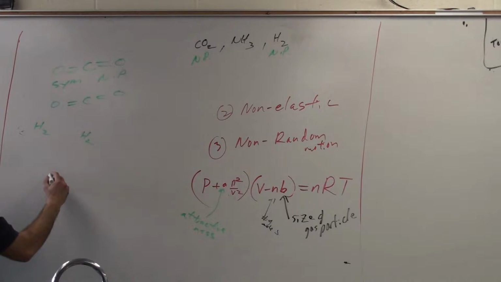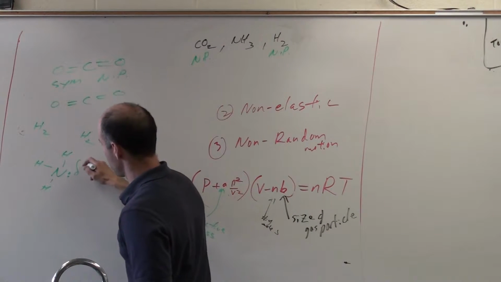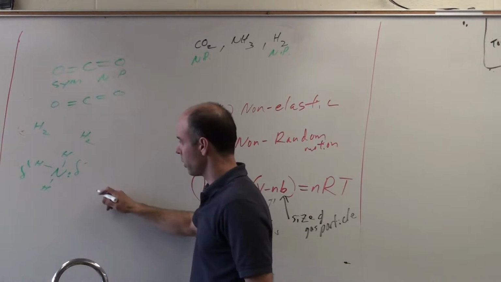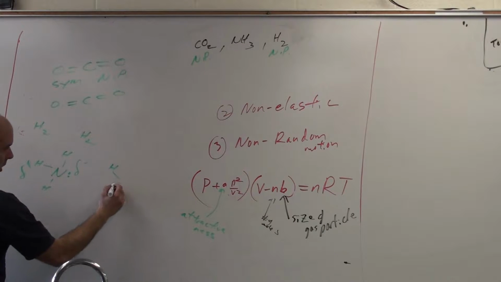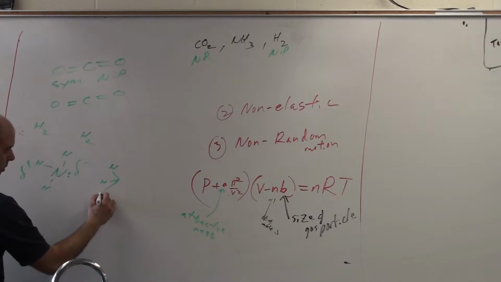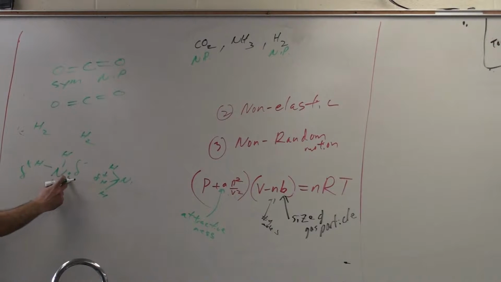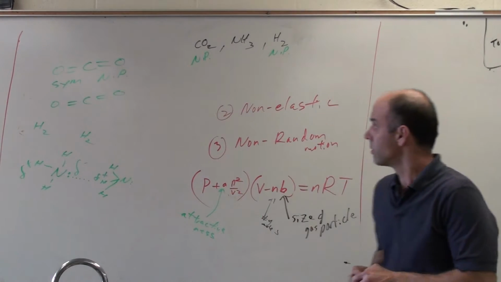But ammonia has a lone pair of electrons. And that lone pair of electrons is going to make this side partially negative and this side partially positive. So ammonia gas does have a reason to be attracted to another one. The partial positive on one side is going to be attracted to the partial negative.